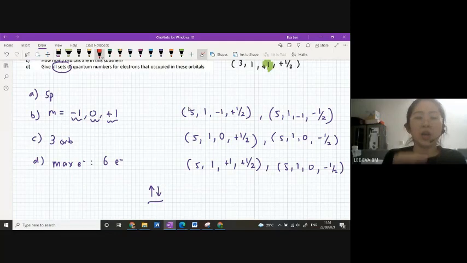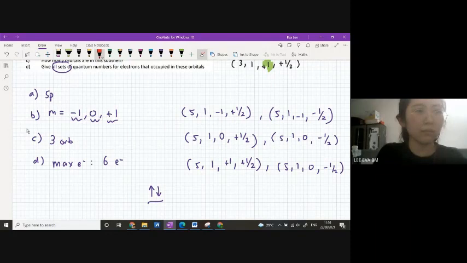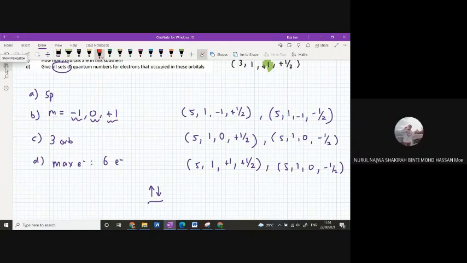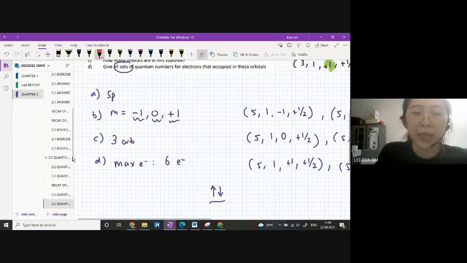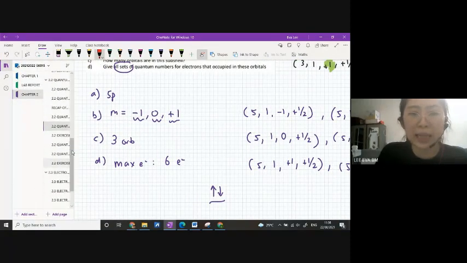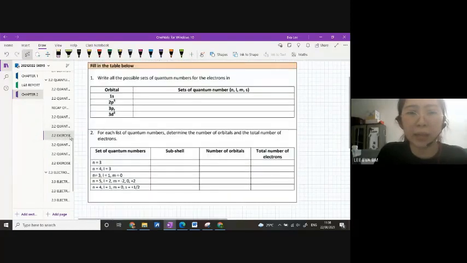So that means no 2 electrons can have the same sets of quantum number. Awak mesti kena ingat. Okay. Boleh semua orang? Boleh, madam. Okay, so ini adalah sets of quantum number. Unless the questions ask you to list out. Kalau list macam tadi yang kita buat, N sama dengan berapa, L sama dengan berapa.